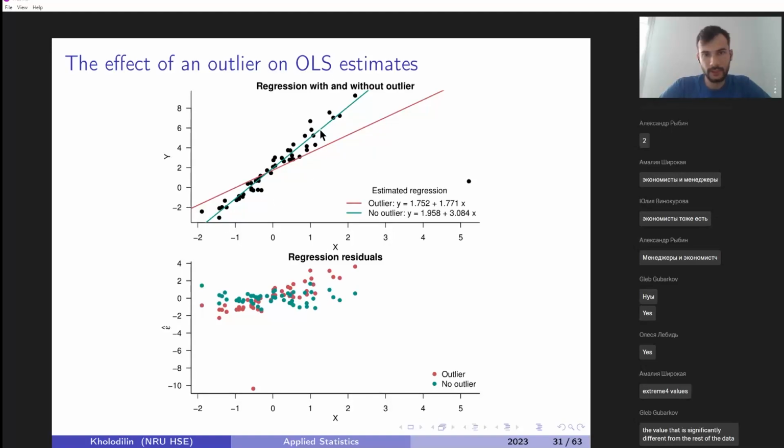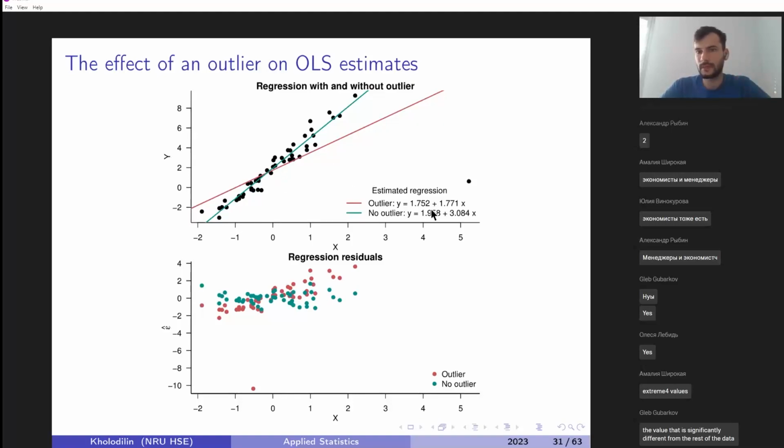Then the green line is the estimated OLS model without the outlier, and you can easily guess which one is the outlier. If you drop it out, you have the nice green model which better estimates and describes the data. But if you take it into account with the same weight as the others, then you receive the red line.